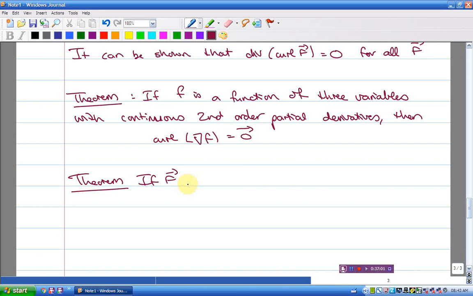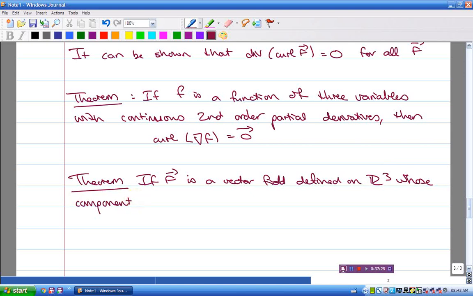Okay, we've only got a couple of minutes left. Let me finish writing this, and then tomorrow we can jump straight into some examples. If F is a vector field defined on R3, defined on R3 means it's got 3 component functions.